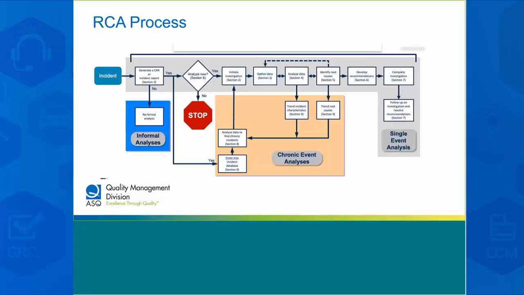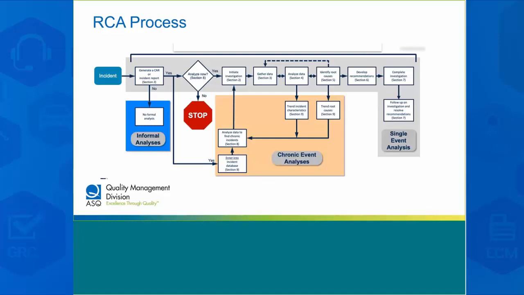This is kind of the methodology that I follow, my company follows, and I think it's a good general methodology for everyone. For the purposes of this, I'm going to focus primarily on the gray path, the single event analysis. Initially, there's some type of incident that occurs, an accident or a near miss.